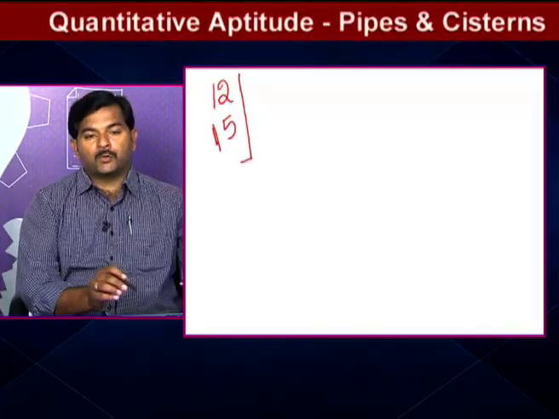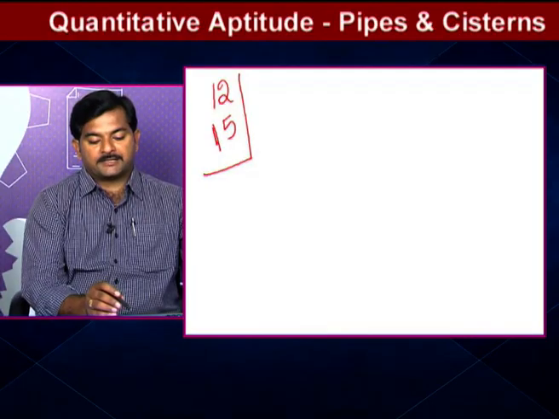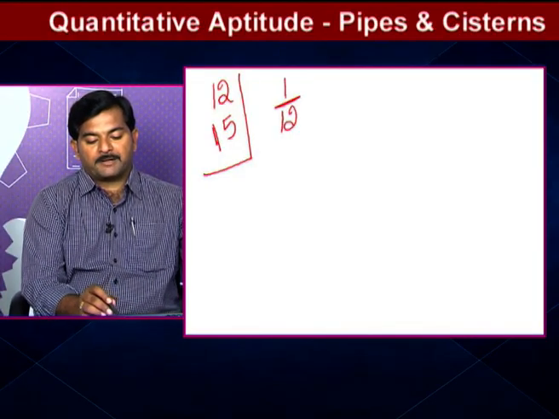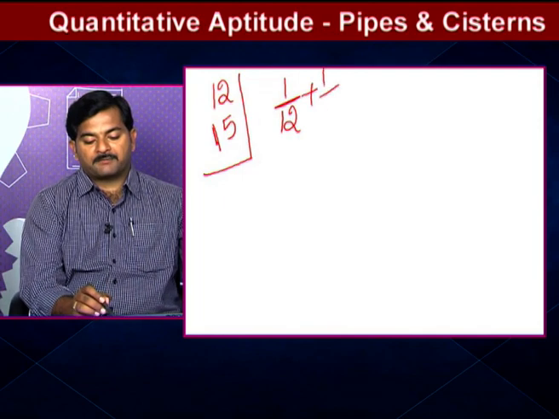This we can solve again with the type 1, type 2 methods. The first type is, both the pipes are opened for how many minutes here? 3 minutes. Now we have to find the work done by both the pipes in 3 minutes. Pipe A's 1 minute work is 1/12, pipe B's 1 minute work is 1/15.